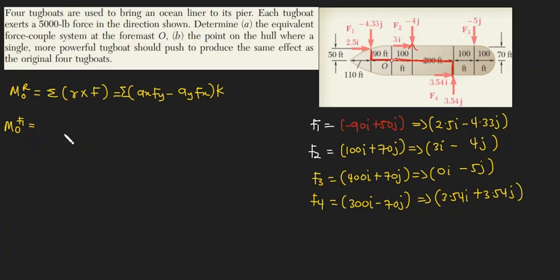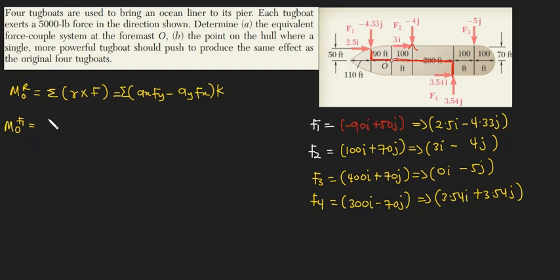So for the first force, we are going to have ax multiplying fy, right? We know that ax corresponds to the x component of the position vector, and fy corresponds to the y component of the force vector.